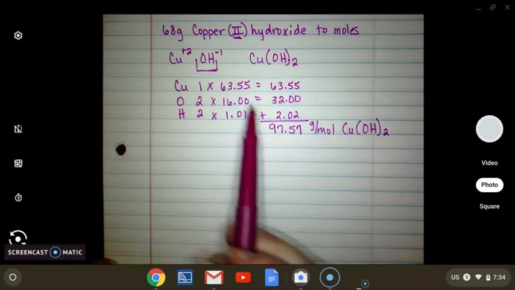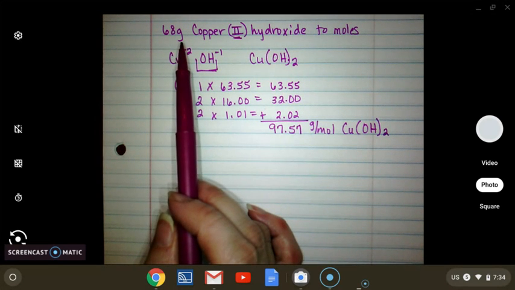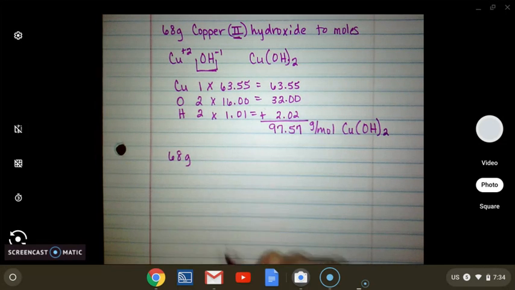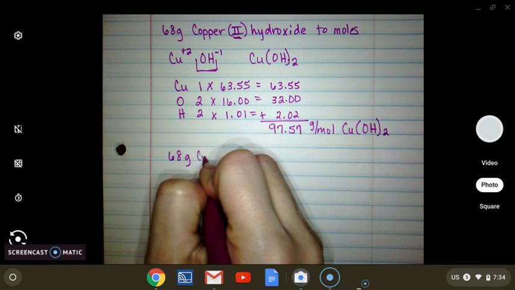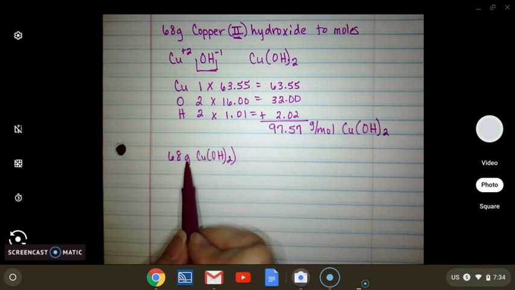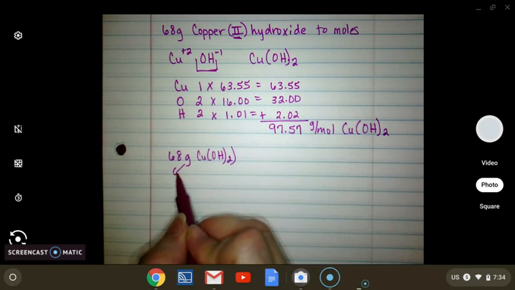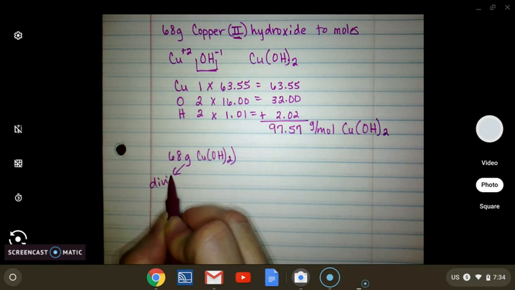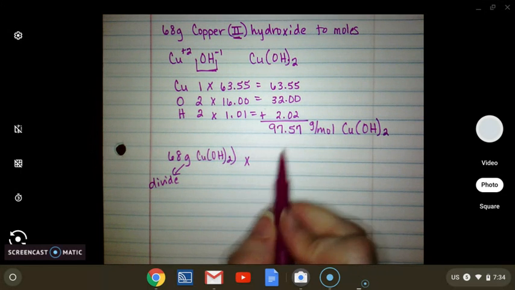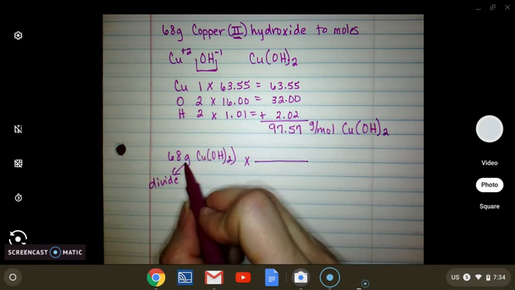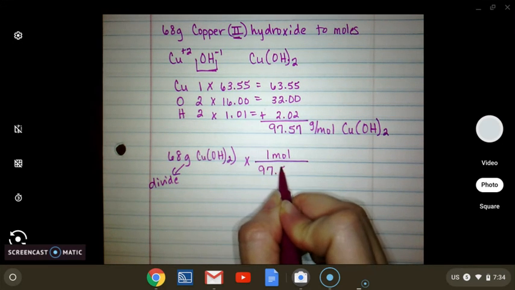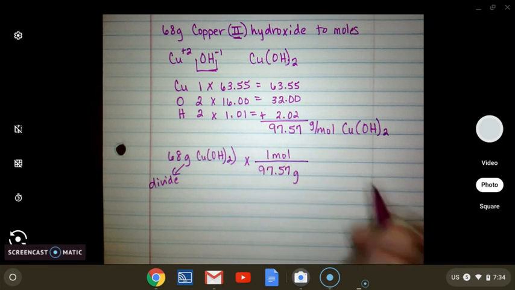All right, so I'm given grams up here in order to do my conversion. So I have 68 grams of Cu(OH)2. So if I'm given grams, going to moles, I'm going to divide. So if you're going to divide, then this number goes on the bottom because it's always the same unit. So you have 1 mole over 97.57 grams.